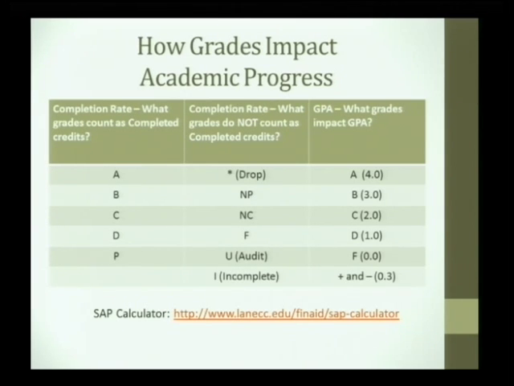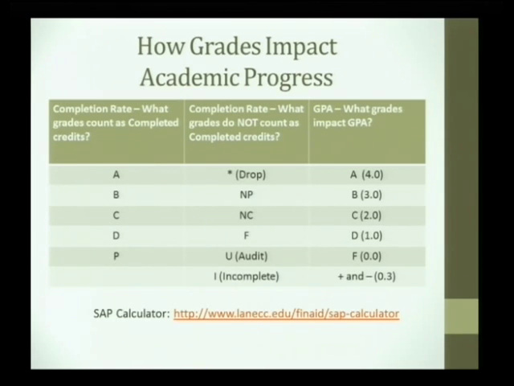So I get it, A, B, C, I get P. It's a little bit confusing to me that D counts as a completed credit, but it does for SAP standards. If you got a D in a class that's required for your degree program, it's not going to count as completing that class. You'd have to retake it. But in the academic progress standard system, in the SAP system, it counts as completed.